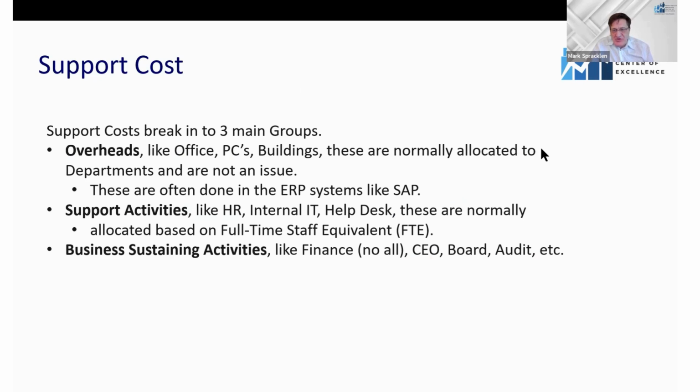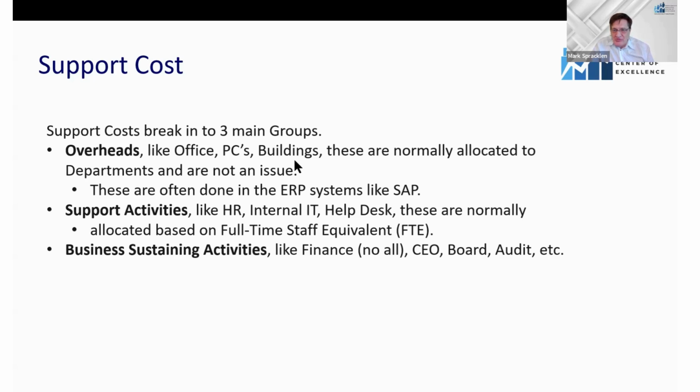But basically, they break into three main areas. Overhead costs like offices and buildings, and these are normally treated quite well based on existing ERP solutions and things like that with SAP and that. So, you know, your office buildings, your furniture, your IT, and then support activities and business sustaining activities.